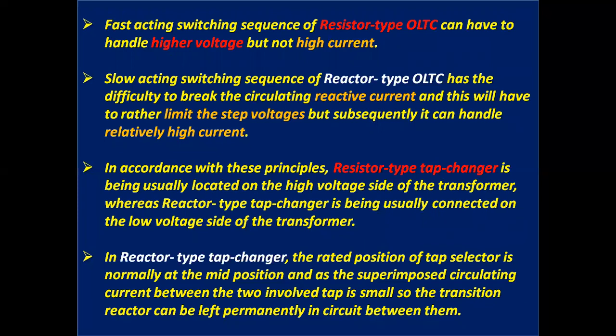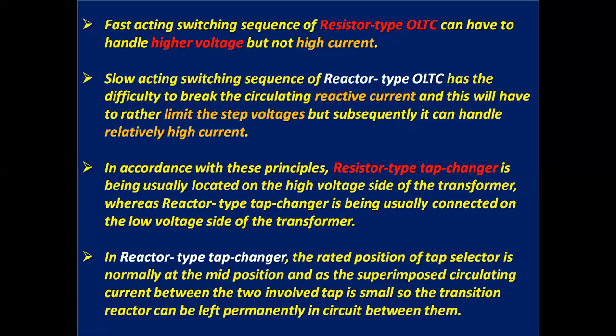The fast-acting switching sequence of resistor type OLTC can handle higher voltage but not high current. The slow-acting switching sequence of reactor type OLTC has difficulty breaking the circulating reactive current, and this has to limit the step voltages, but it can handle relatively high current.